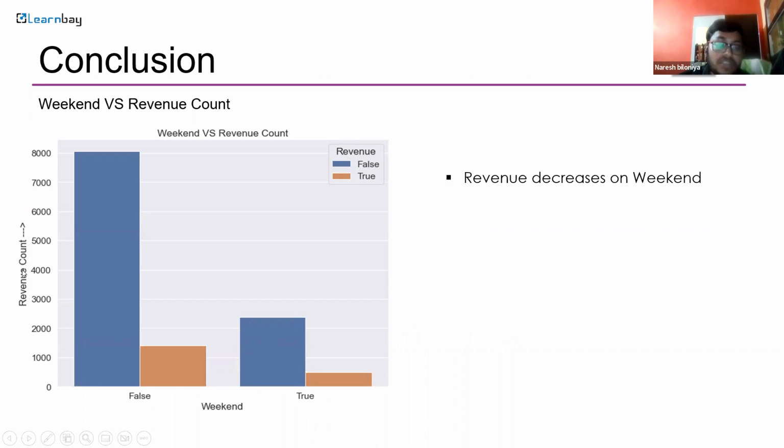Revenue count means in how many sessions revenue is generated. We can see that when there is a weekend, the revenue count is less than when there is no weekend. But we should note that in a week we have only 2 weekend days, while non-weekend days are 5.